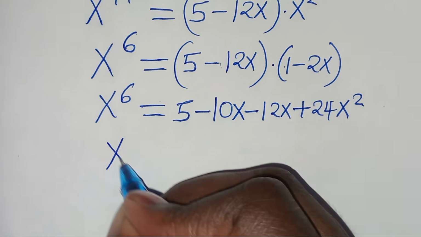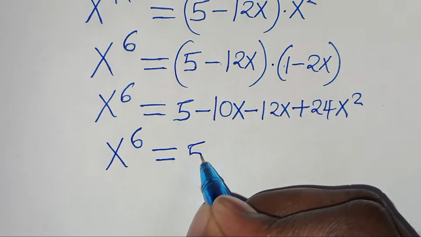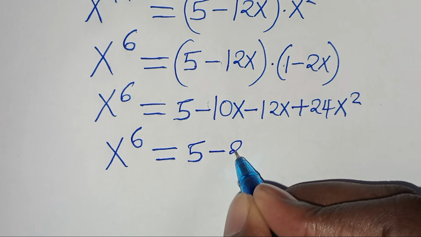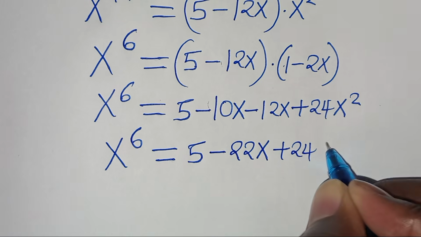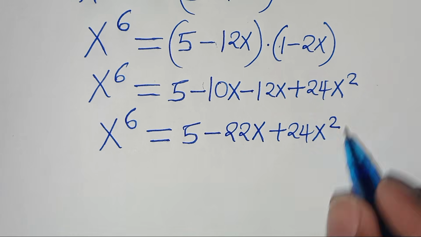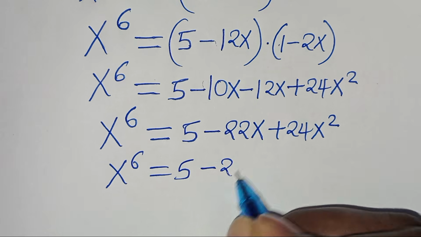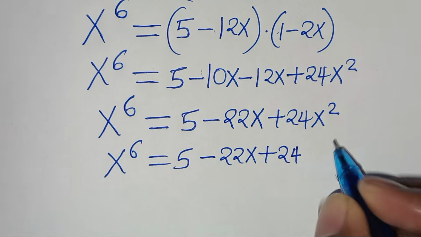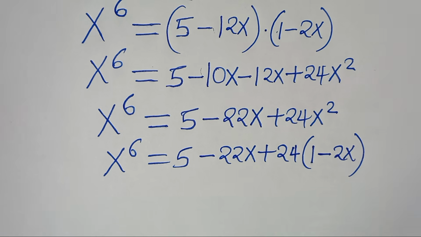So x to the power of 6 is equal to 5 minus 10x minus 12x, which is minus 22x, then plus 24x to the power of 2. Let's substitute x to the power of 2, so that x to the power of 6 is equal to 5 minus 22x plus 24 multiplied by 1 minus 2x.